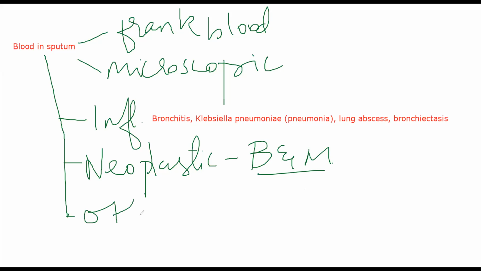Third condition will be others. Now others में आते हैं thromboembolism, specifically pulmonary thromboembolism, या mitral stenosis, या फिर left ventricular failure, when the left ventricle is not able to pump blood properly, या फिर there is tracheobronchial trauma, any type of trauma, if they are falling down or if some piercing damage is occurring.